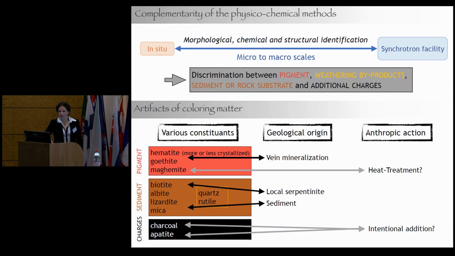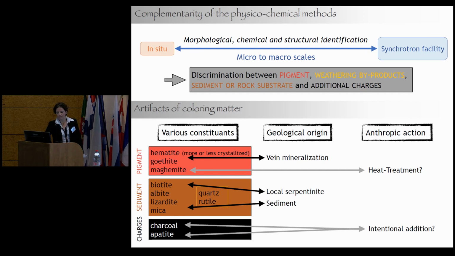So I really want to focus on the complementarity of in situ and laboratory techniques and synchrotron facilities. With morphological, chemical and structural identification, we are able to discriminate the pigment, the weathering byproducts, the sediment for the artifact, and the rock substrate for the pigment deposited on the substrate, and eventually the additional charge.